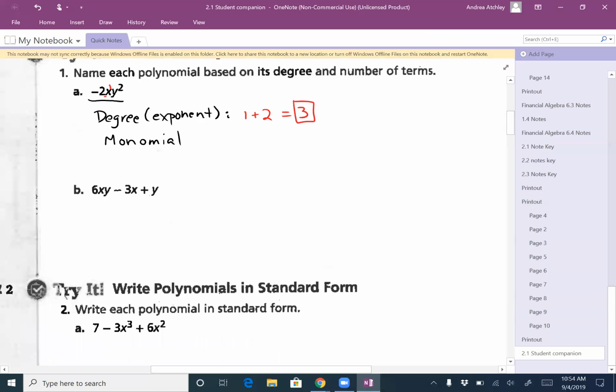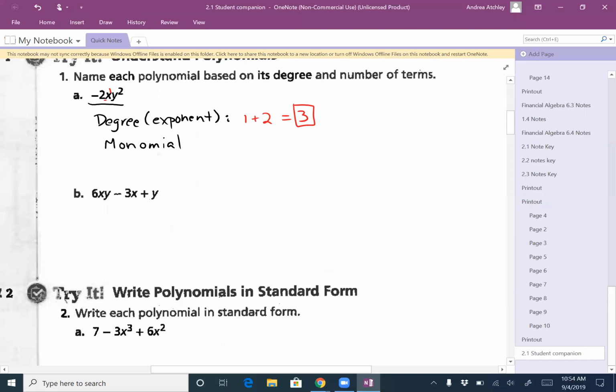Okay, let's try the next one. When we have multiple terms of a polynomial, we still only look for the one term that has the highest degree. Okay, so in that, which term has the highest degree? The 6xy, the negative 3x, or the y?